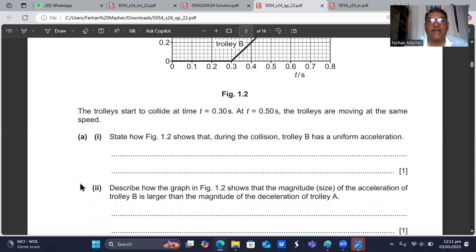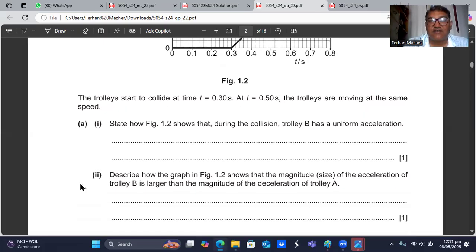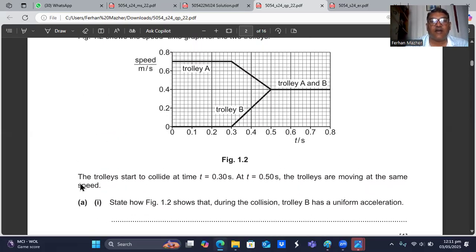Question number 1a, first part. State how figure 1.2 shows that during the collision, trolley B has a uniform acceleration. So how does this speed-time graph show that trolley B is moving with uniform acceleration? You know, the gradient of a speed-time graph represents the acceleration.